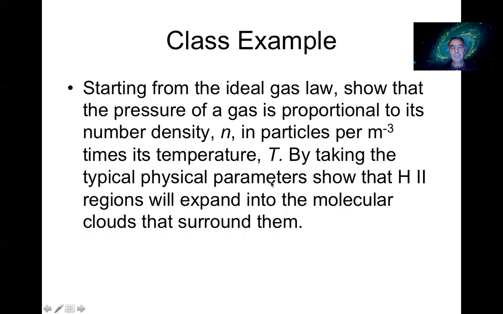Then go back and look at the typical parameters for H2 regions and molecular clouds, and show why we might expect that H2 regions, that bubble of hot gas like in the Orion Nebula, are at much higher pressure than their surroundings and will expand into the surrounding, usually molecular, material. So that's another little exercise for you to have a go at.